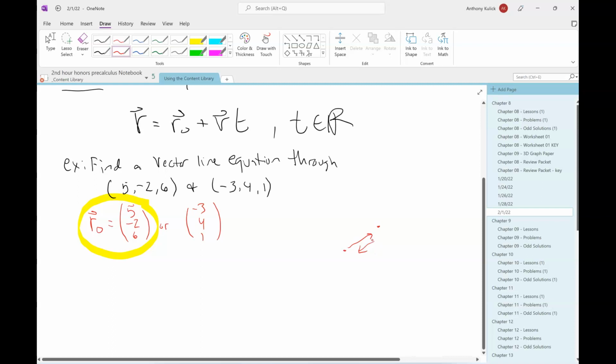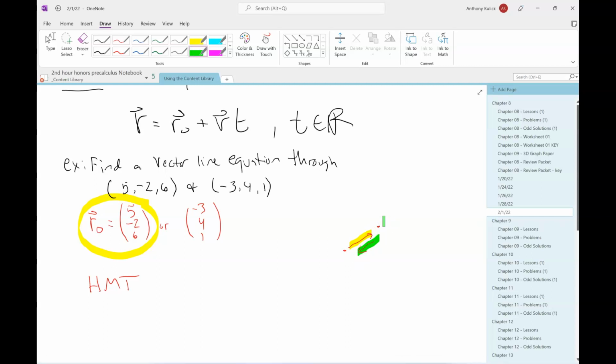So all we really need to do is use the head minus tail rule to come up with a direction vector. And it doesn't matter which order we use or which point we use as the head or the tail, because going from one point to the other, or the reverse direction, is still going to be fine.